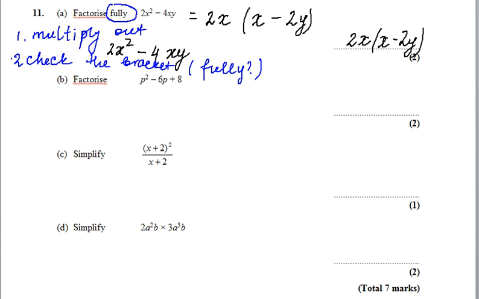Alright, so now let's go back to our paper. Factorize p squared minus 6p plus 8. It is quadratic, and we start factorizing by writing two brackets, and we're looking for two numbers. When you multiply them together, you are getting positive 8, and when you add them together, you are getting negative 6.